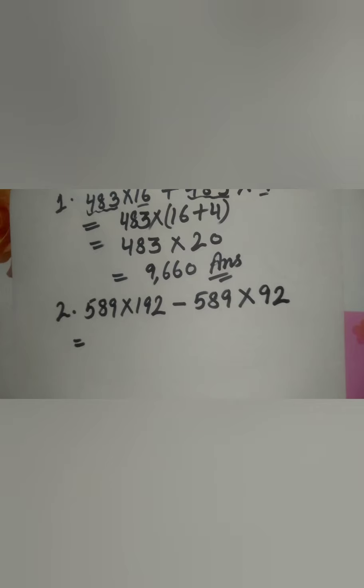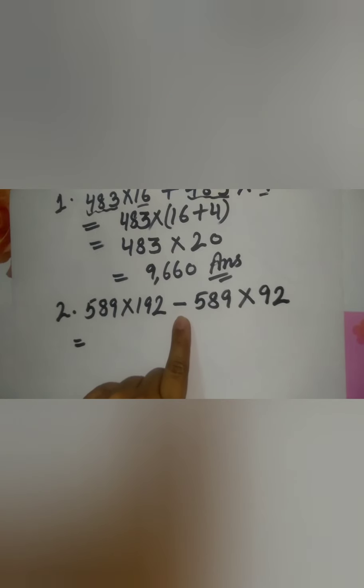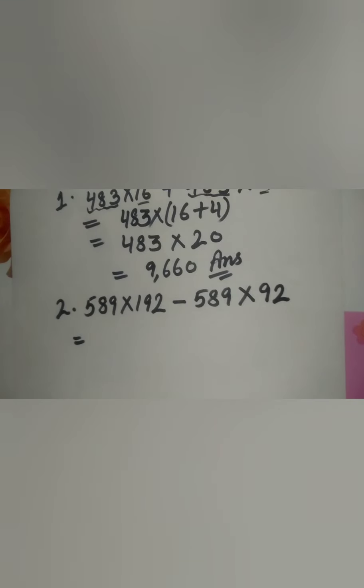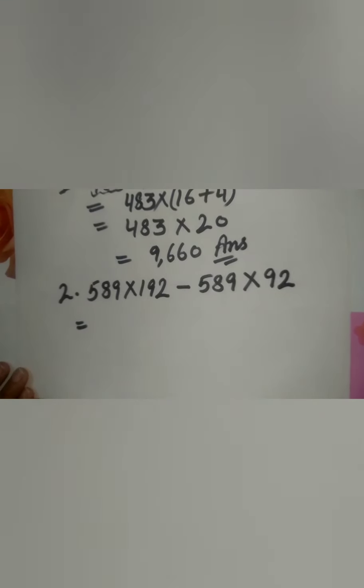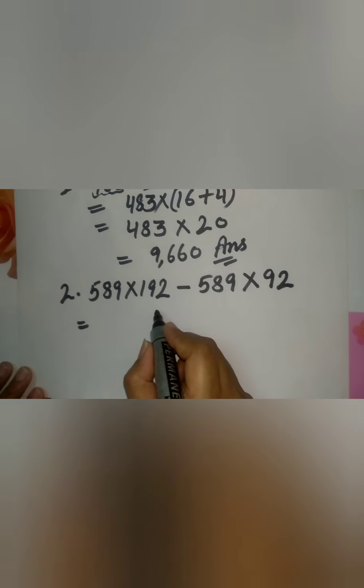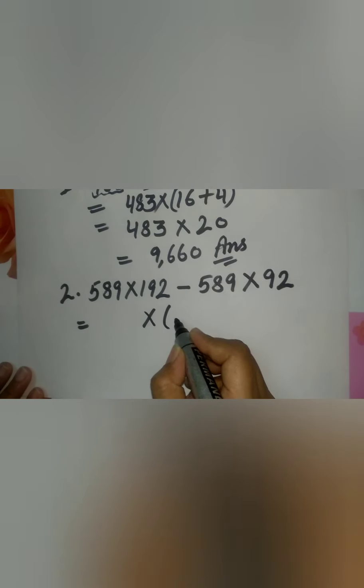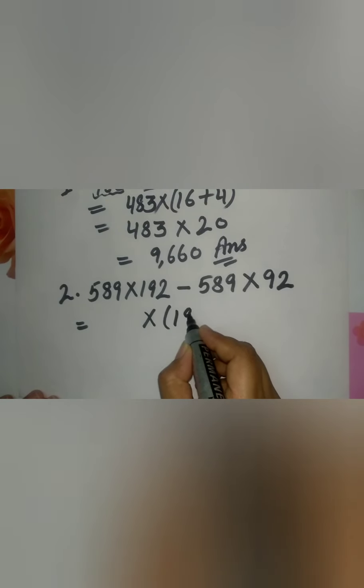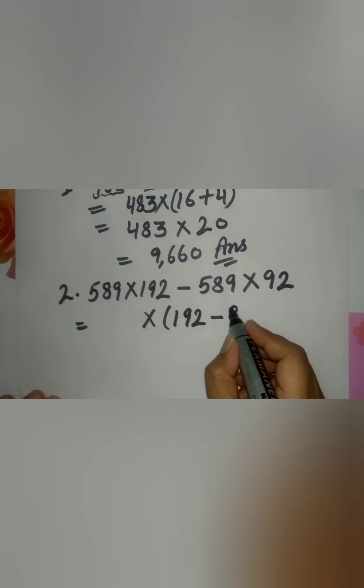Now just see, the relation between these two is what? Subtraction. So when you subtract 192 and 92, you will get 100. Multiplication with 100 is obviously easy. So again, in this case, 192 and 92 are combined: 192 minus 92.